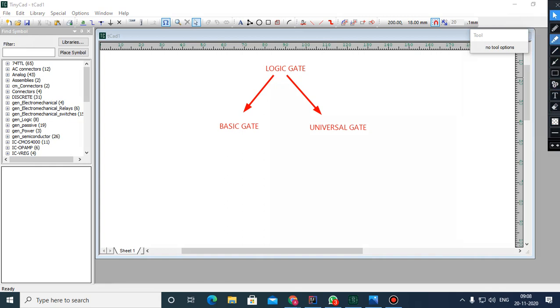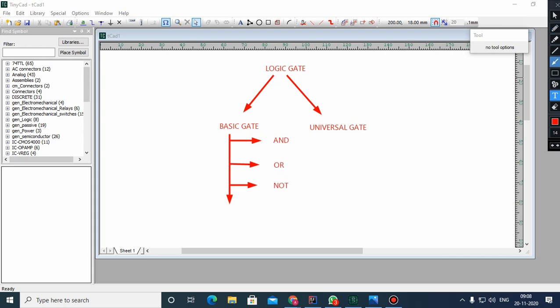So further, if we classify these gates, the basic gates are of three types. The first one is AND, OR, and NOT. These are the basic gates.